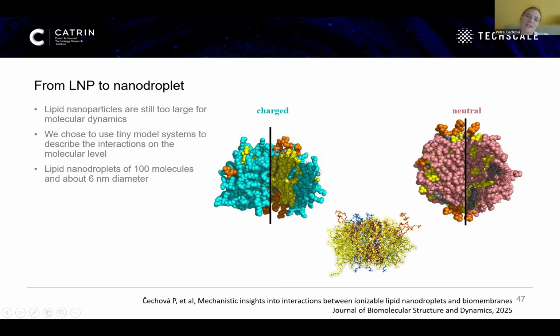And it's really a small flat nanodisk. On the other hand, if we have a look at the deprotonated neutral uncharged form, the lipids are more mixed, but also the nanodroplet is more spherical. It's more rounded in shape. And they are really tiny nanodroplets of 100 molecules.